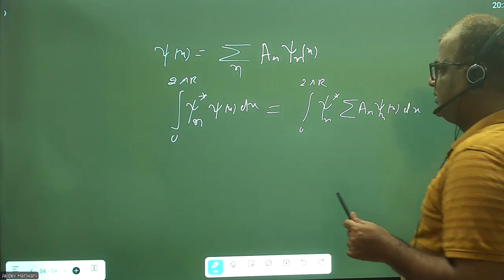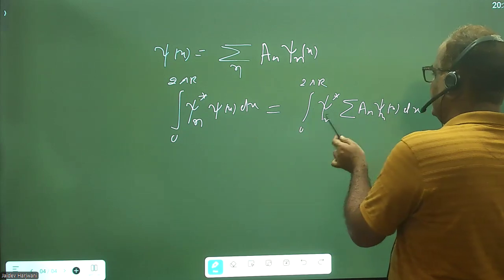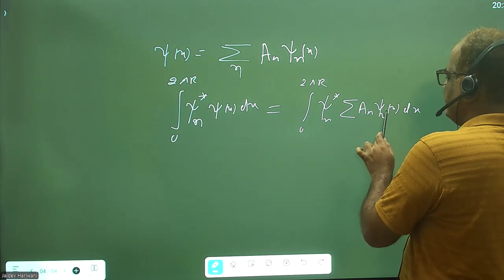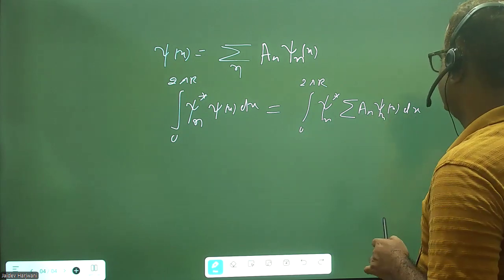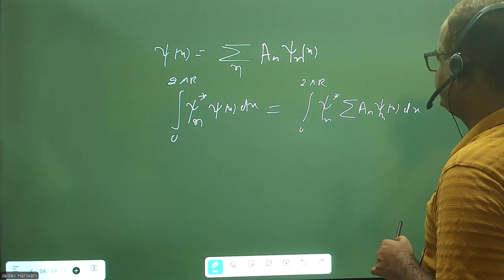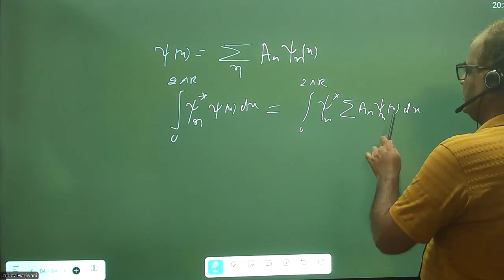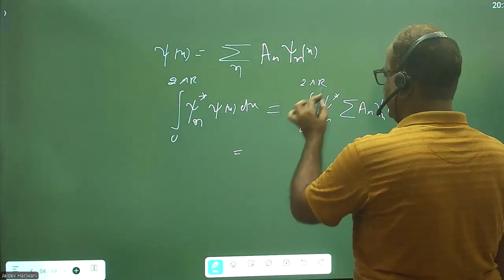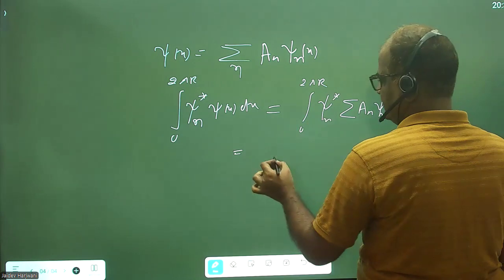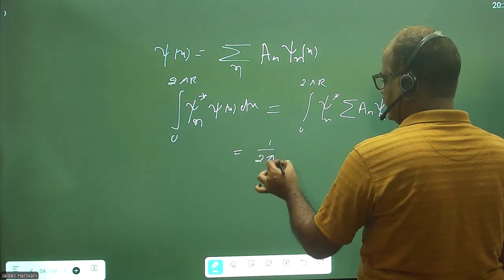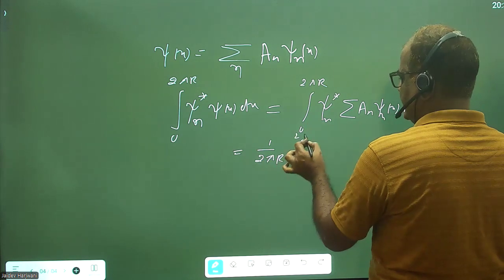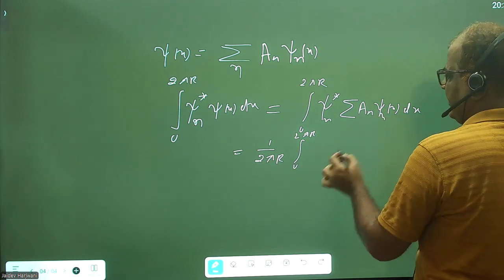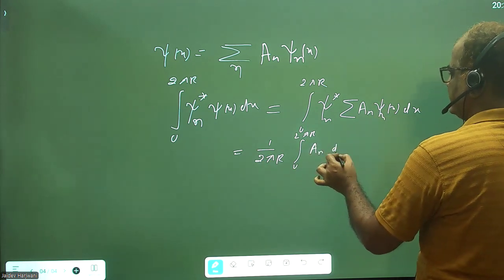And just now I told you these wave functions are orthonormal, so only one component of this summation will survive. I know this psi n, so this will be 1 upon root 2 pi r integrated from 0 to 2 pi r, and all other terms will be 0. So we are left only with the a_n dx.